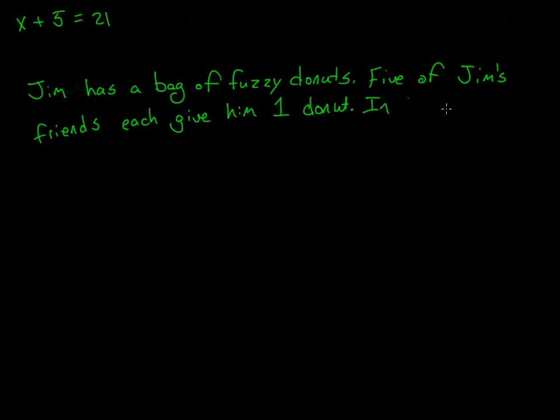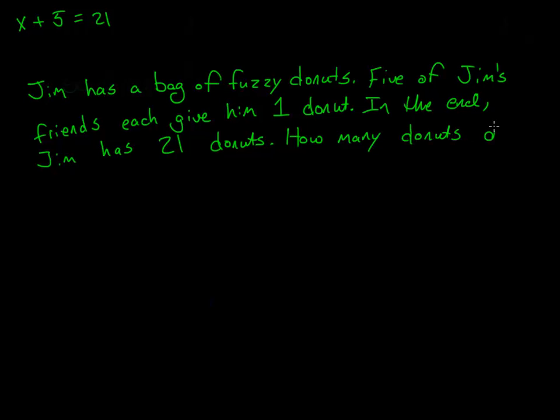Now, in the end, Jim has 21 donuts. After his 5 friends each give him 1, he adds to his bag. Now he has 21. Now, how many donuts did good old Jim have to begin with?